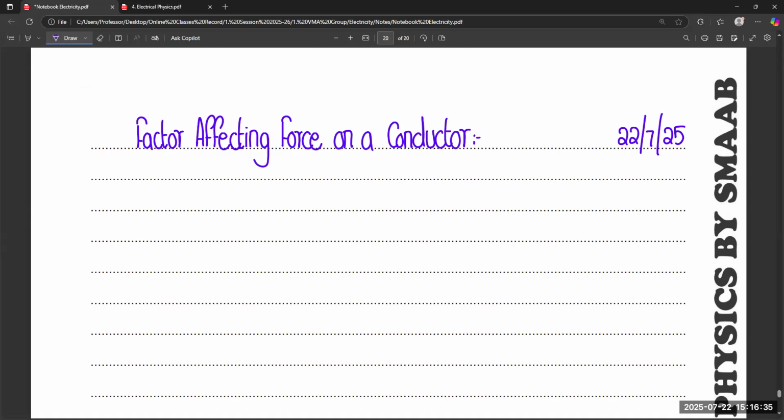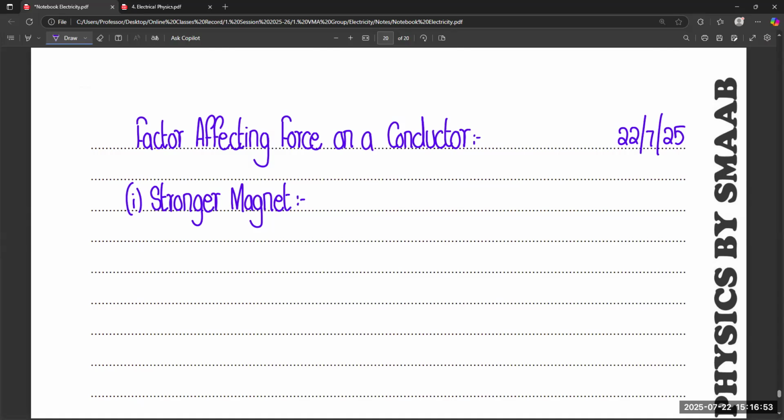The first factor is if we use a stronger magnet.